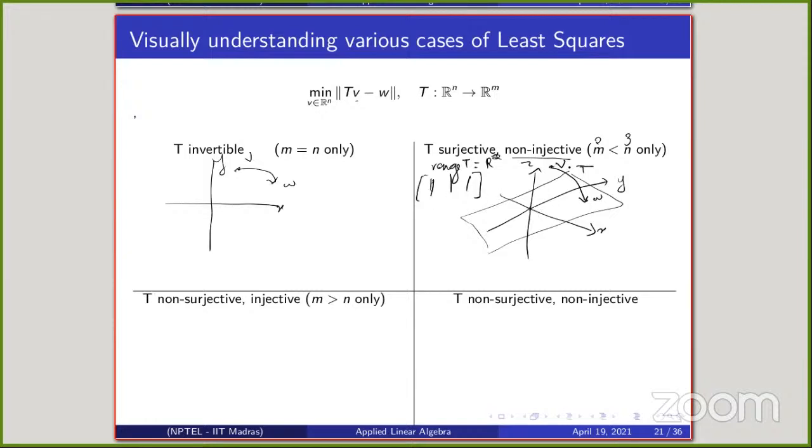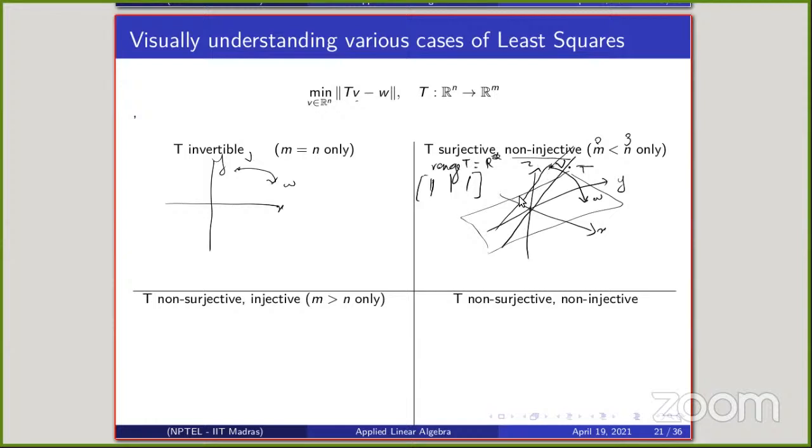So that might be a line passing through the origin, which represents the null space of the map T. Now, if we have a certain solution V that maps to W, then another line that passes through V has vectors added to it along the null T. So this is basically a translate of null T, and V is the vector which is in that translate.